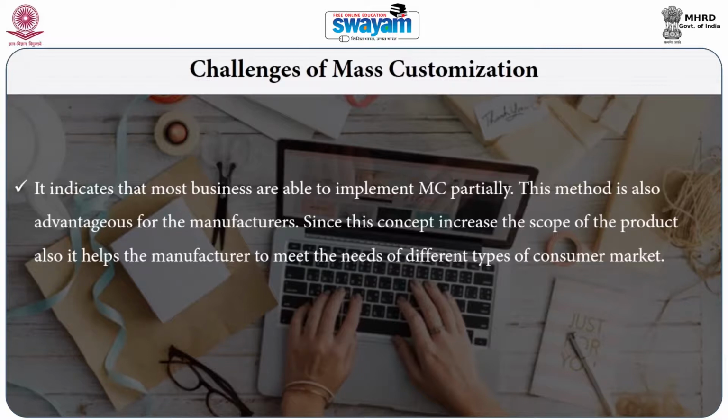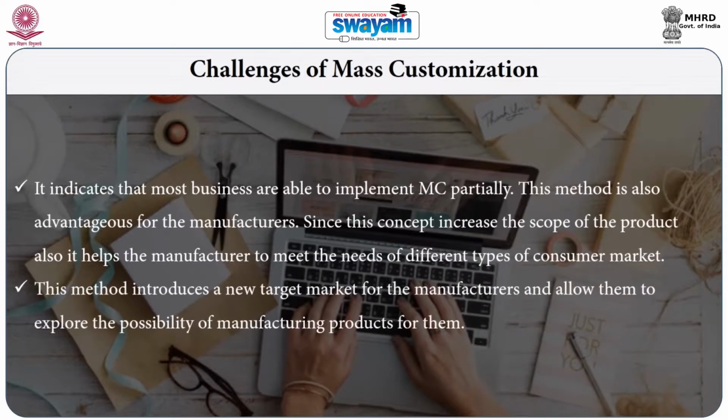This method is also advantageous for the manufacturers since the concept increases the scope of the product. Also, it helps the manufacturer to meet the needs of different types of consumer markets. This method introduces a new target market for the manufacturer and allows them to explore the possibility of manufacturing products for them.